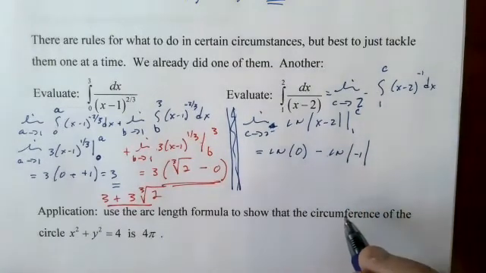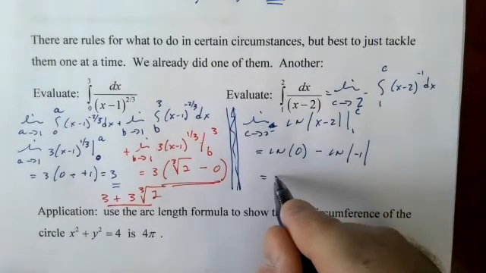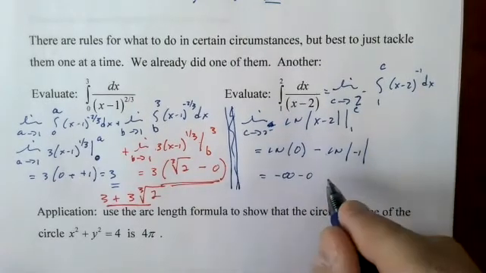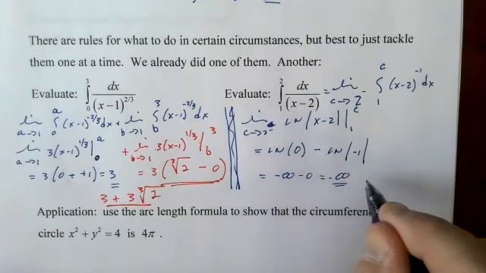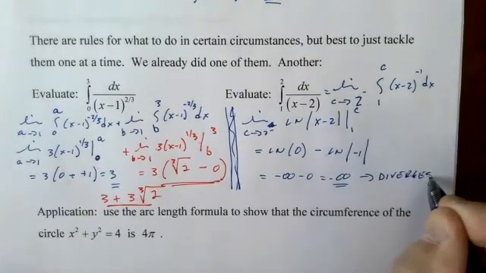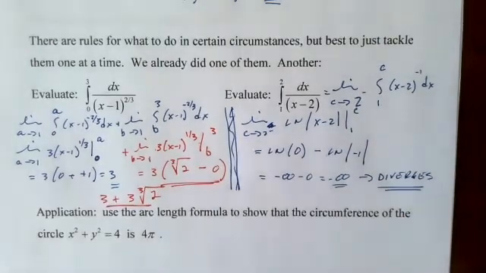The absolute value finally worked for a change, which is negative infinity minus 0, negative infinity. It diverges. Wow.